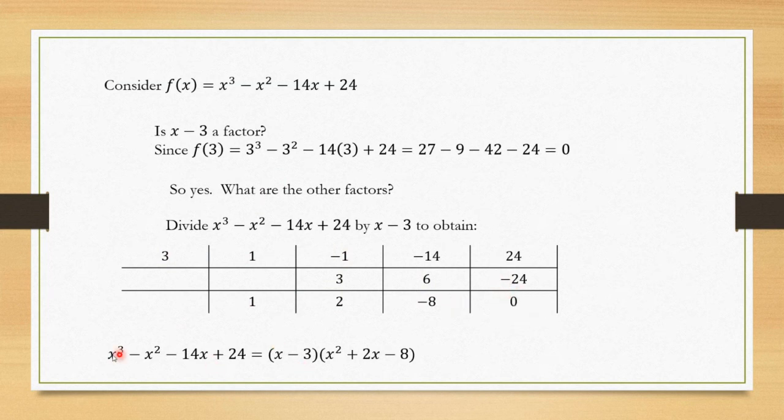In other words, we can write this as x minus 3 times the quotient. What's the quotient? Remember, this is degree 3, so the quotient's degree 2. We have x squared plus 2x minus 8. And the remainder is 0, so we just have this.